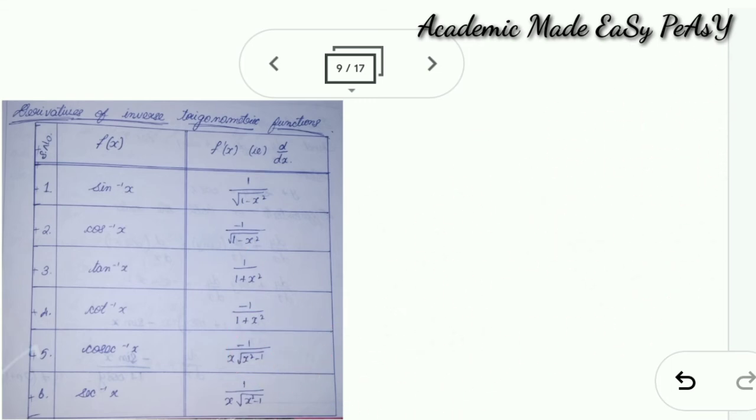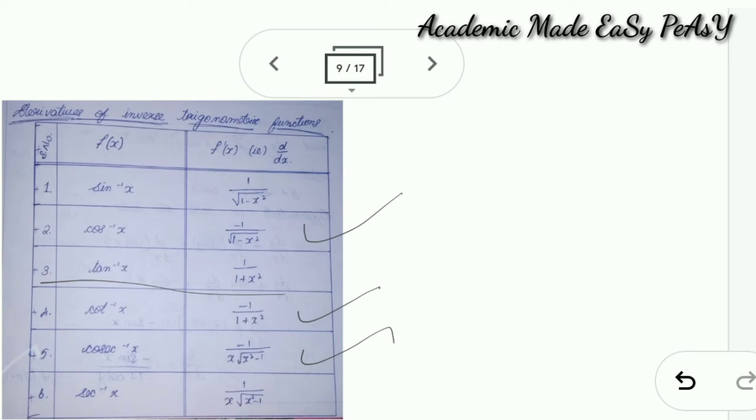So here also for cos, I said no, cos will always be minus, and the function starting with c is always minus. If you look here also, it is minus 1 by root of 1 minus x square, and for tan x it is 1 by 1 plus x square.